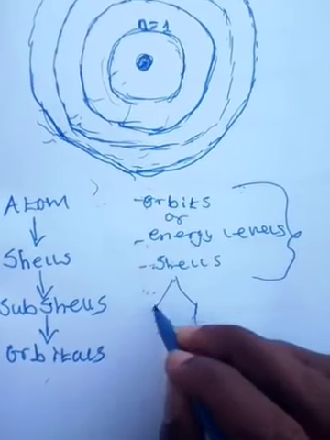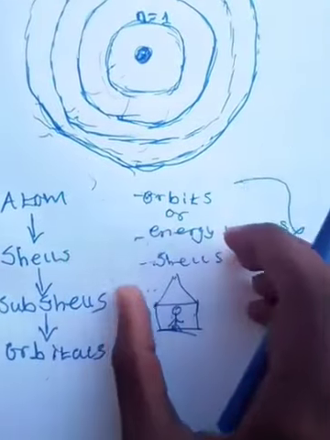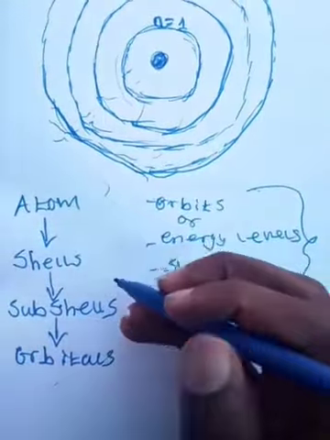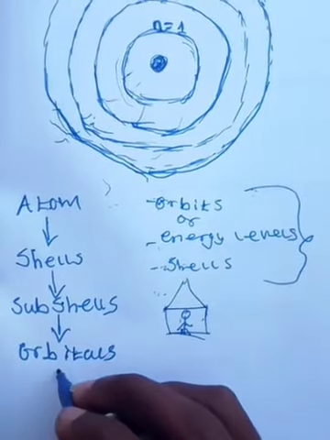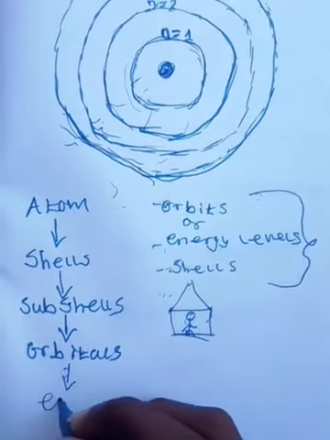So in the house is where you're going to find Jacob, right? The same way we were describing him, the electrons are like that. In the orbitals is where you're going to find the electrons.